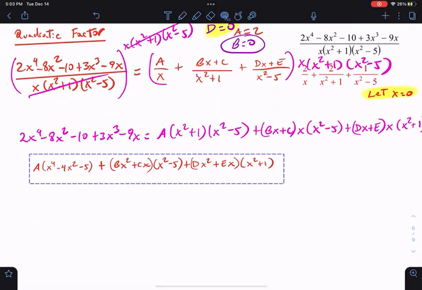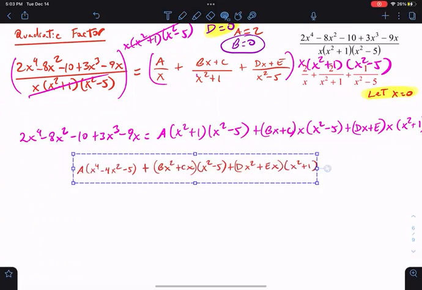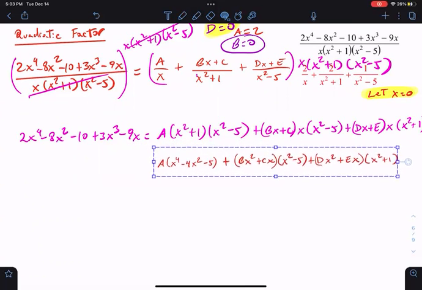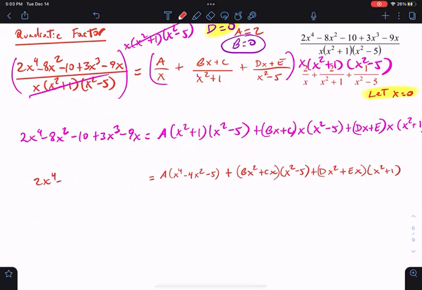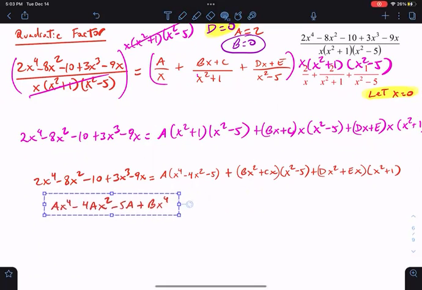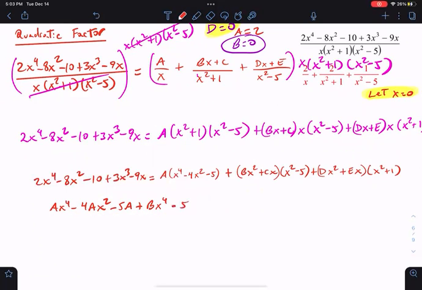So now you need to set this equal to the left side of the partial fraction, right? So this is going to be 2x to the 4 minus ax squared minus 10 plus 3x cubed minus 9x. So you need to multiply both sides by that. That cancels out, right? So we need to expand this. So this is going to be ax to the 4 minus 4ax squared minus 5a plus bx to the 4 minus 5bx squared.